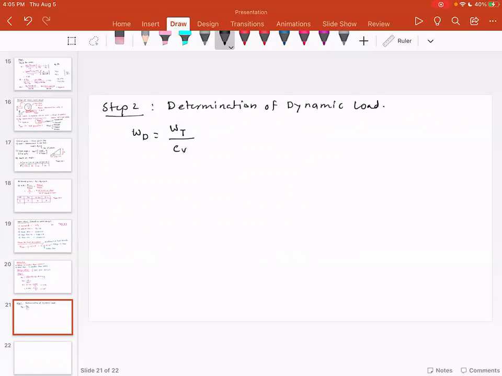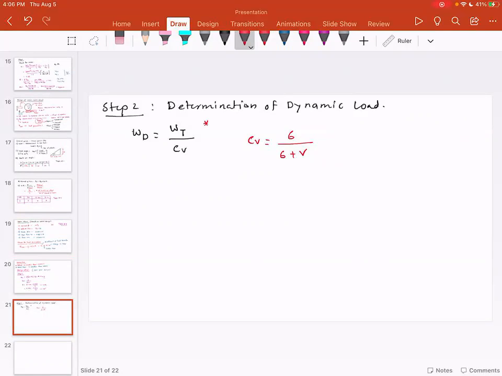Now this is an important difference. If you have a velocity factor CV, the dynamic load is given as tangential load divided by CV. And typically CV is considered to be 6 divided by 6 plus V. So that is the dynamic load.